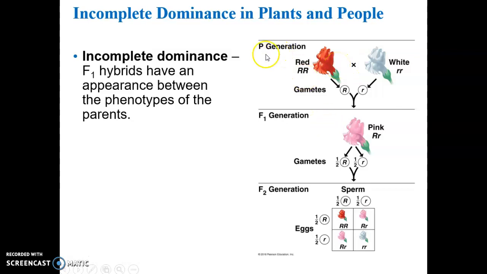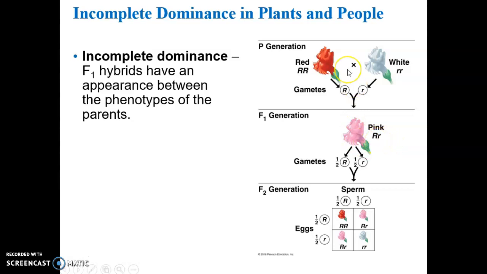In the example here, here's the P parental generation, a red flower and a white flower. They're crossed, and you have an F1 generation that's a hybrid and happens to be heterozygote.